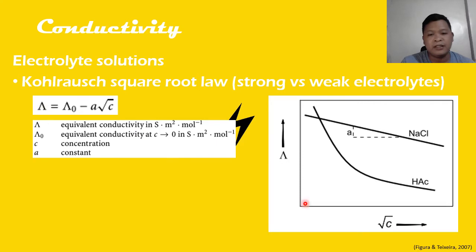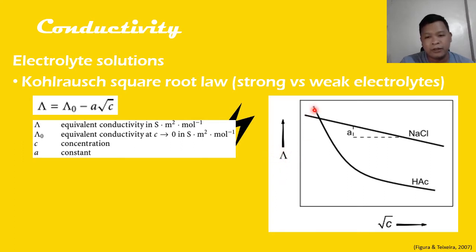Now what we want to see here is, take note, the x-axis is a square root of the concentration. So for strong electrolytes like say sodium chloride or most of your salt pairs that fully dissociate when dissolved, yung conductivity nila varies inversely with the square root of the concentration, thus forming a linear graph dito sa square root of concentration versus equivalent conductivity, no?